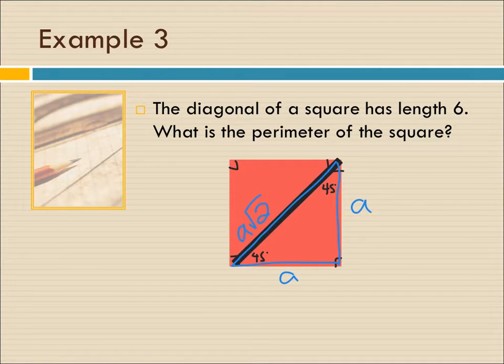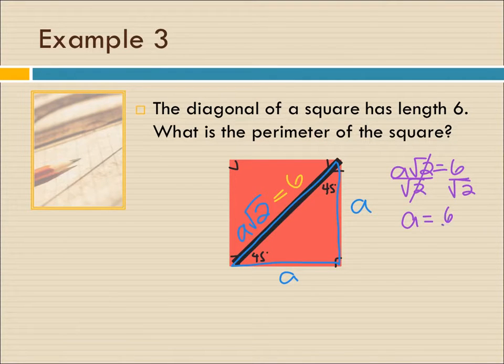But this time it's a little bit trickier because this time they're giving you the actual diagonal is 6. So we just did this example, but think about how you did it. We said, okay, if A root 2 equals 6, then to get A by itself, I'd have to do what? Divide by the square root of 2. It's going to cancel here.